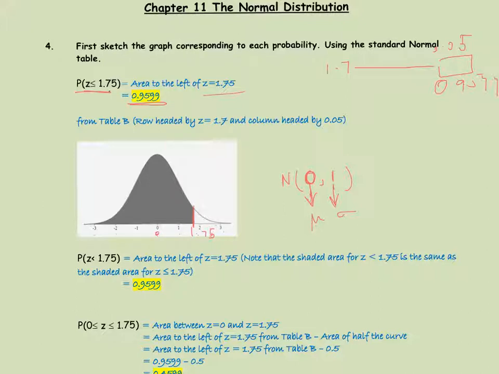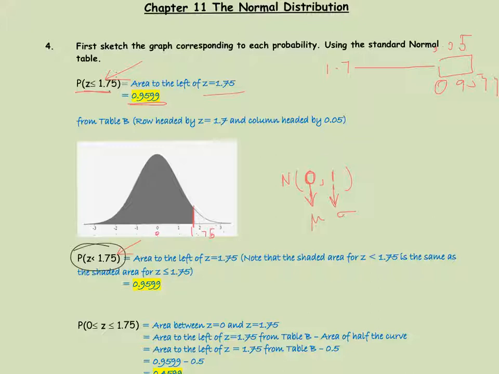Now let's see if there's any difference between the probability that z is less than or equal to 1.75 and the probability that z is less than 1.75. The only difference is that this event includes 1.75 and this event does not include 1.75.